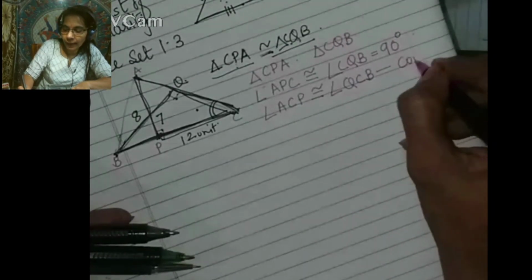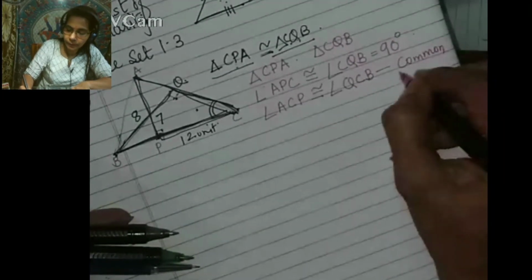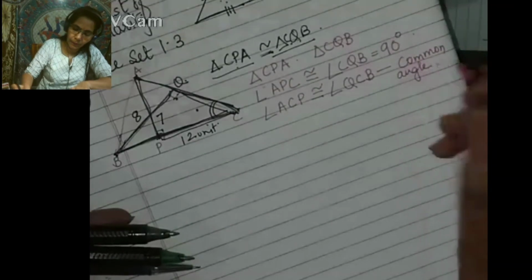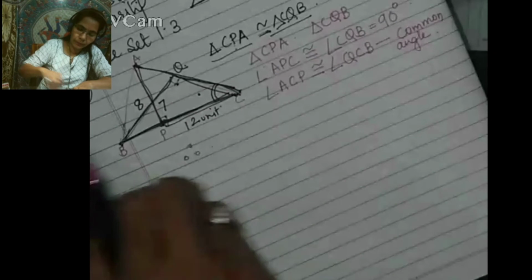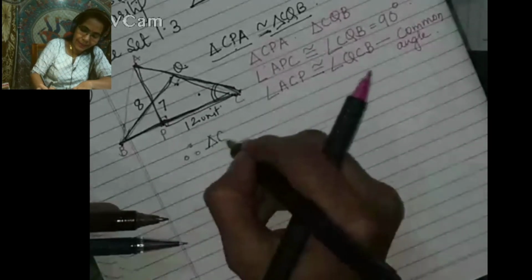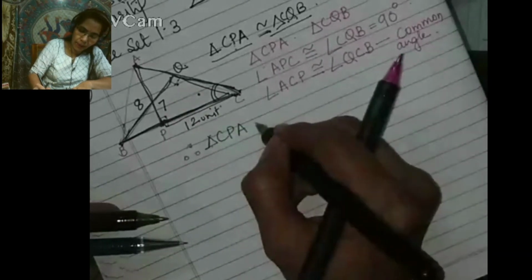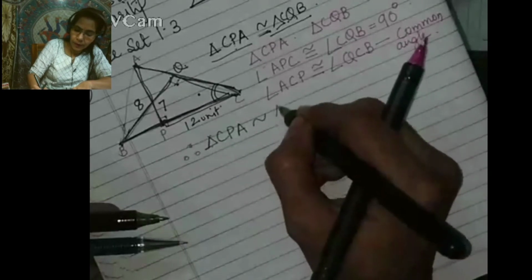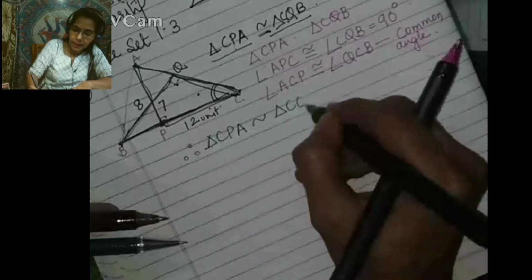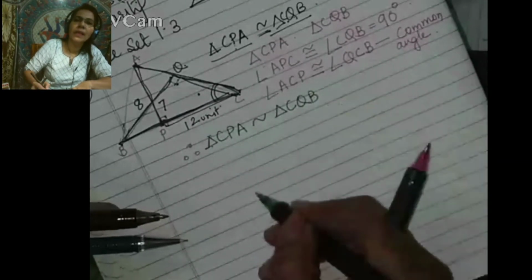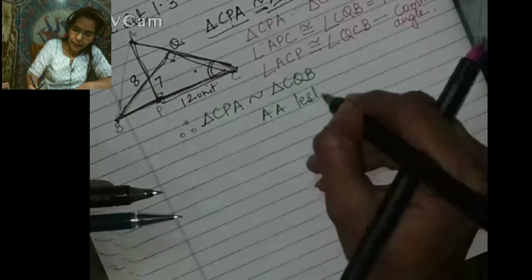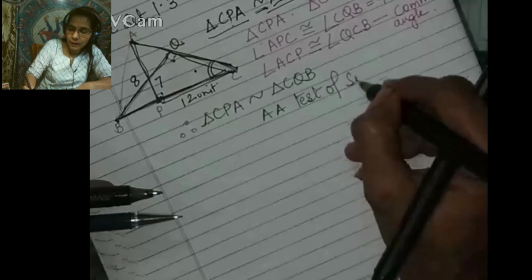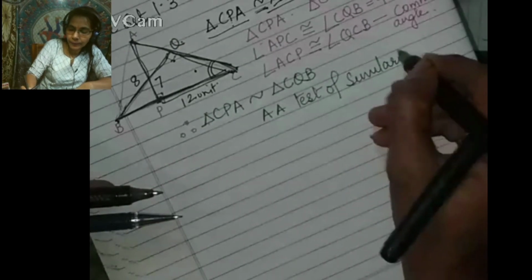What is this? Common angle. Therefore, triangle CPA is similar to triangle CQB by AA test of similarity.